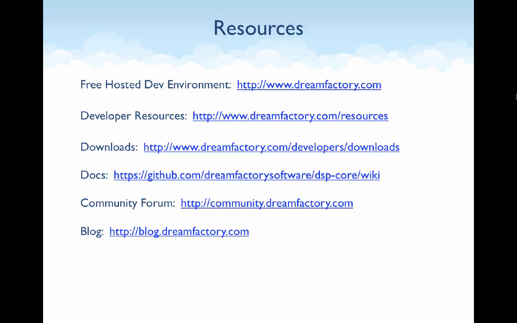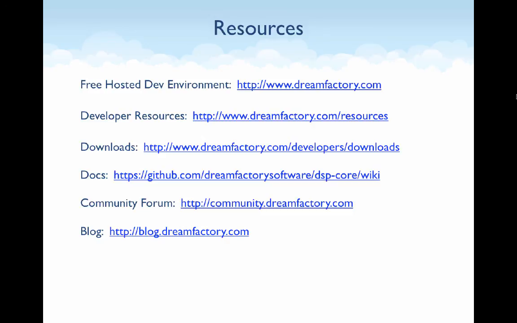There's a GitHub project where all of the source code is. It's an open source Apache project, as I mentioned. So if you go to github.com, DreamFactory Software, the project is DSB Core, and if you click on the wiki link there, there are a lot of docs, in-depth information about the project and a lot of technical information that should be helpful to you if you have questions.